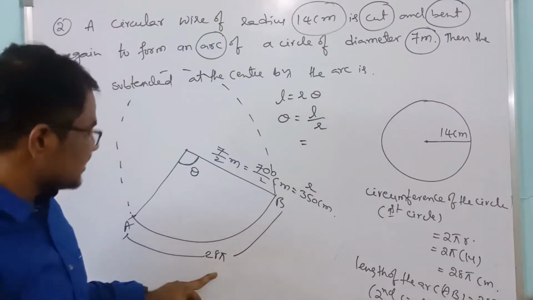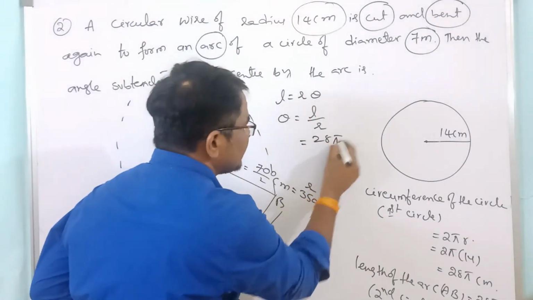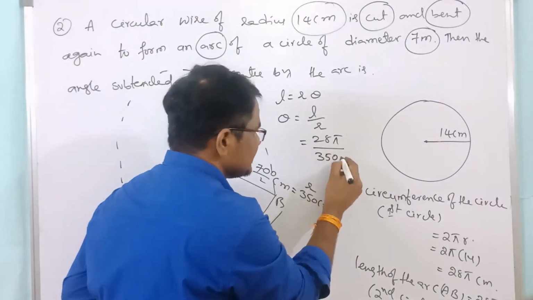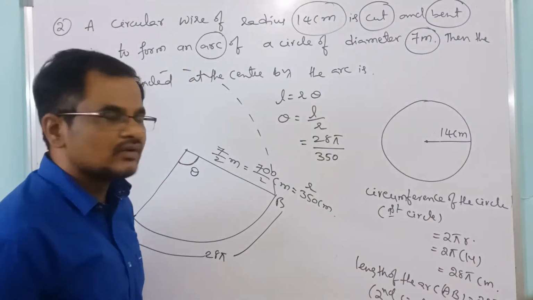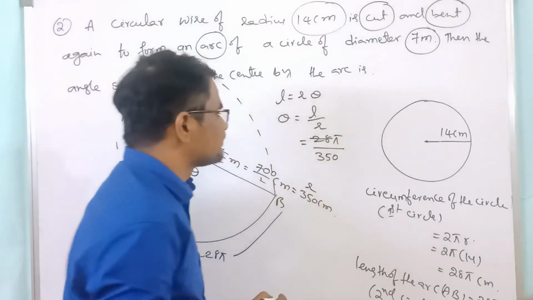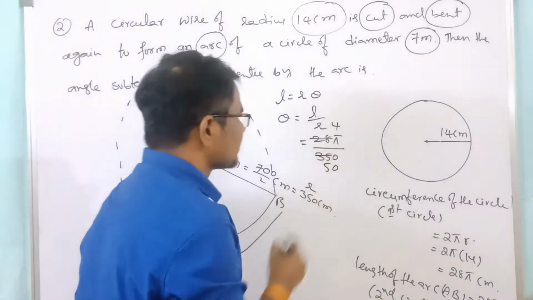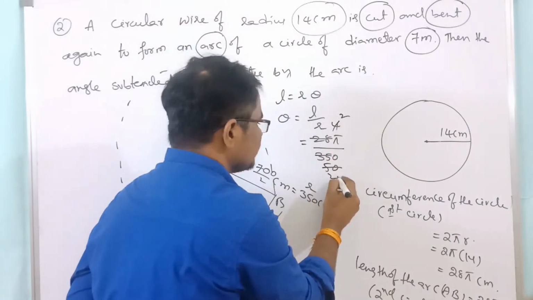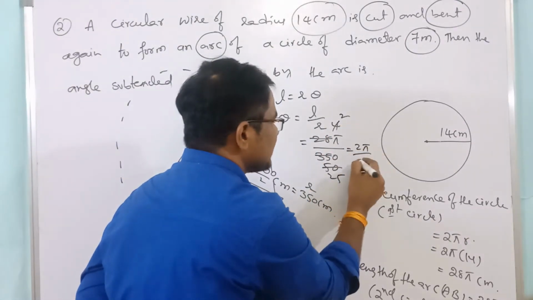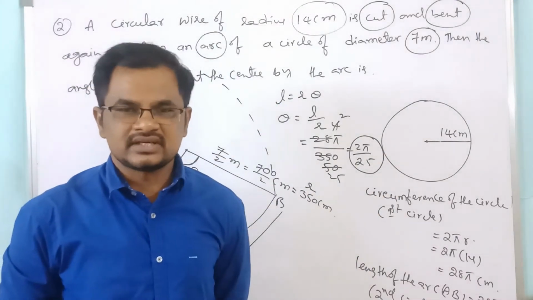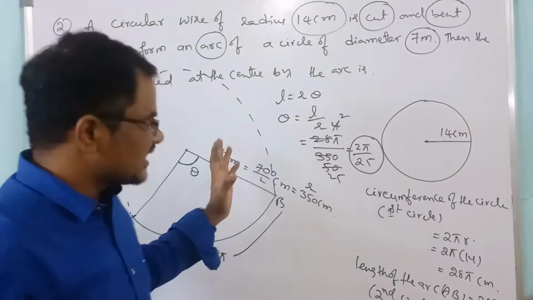Now L is 28 pi divided by r, which is 350. If you simplify this, 7 4 times, 7 5 times, again 2 and 25, that is equal to 2 pi by 25. This is our required answer. So this is about the second problem.